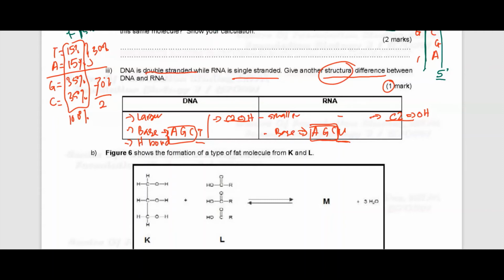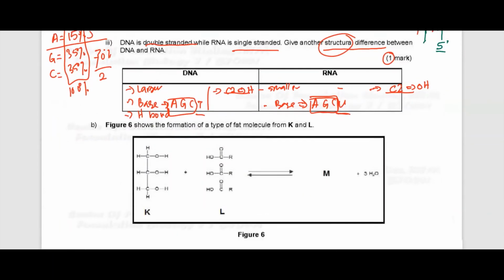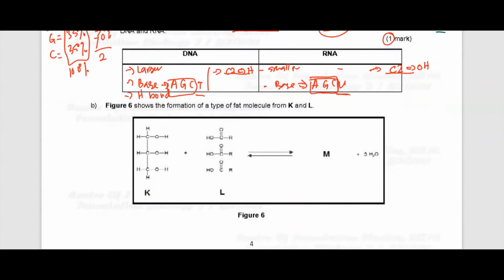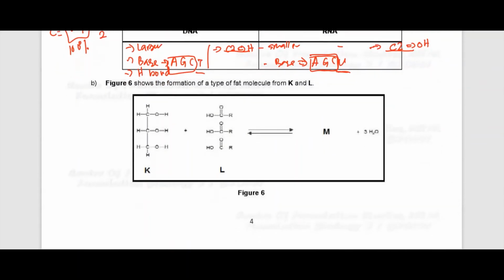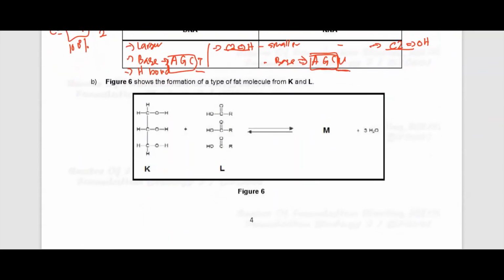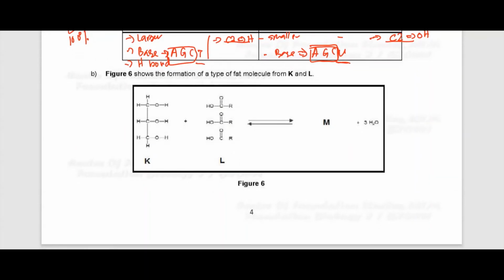Okay. All right. So B, figure 6 shows the formation of a type of fat molecule from K and L. So which is K here, as you know, it is actually, what is it? Glycerol. Okay, and L is actually fatty acid.